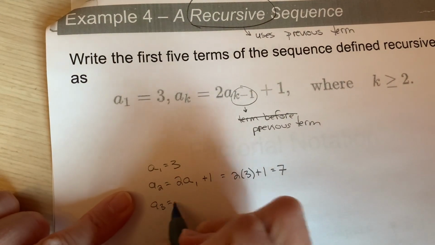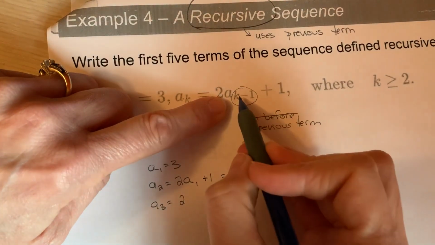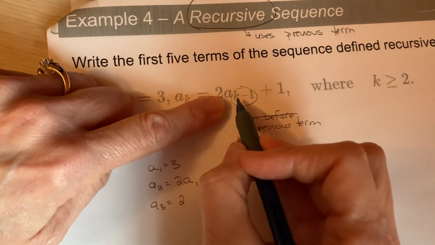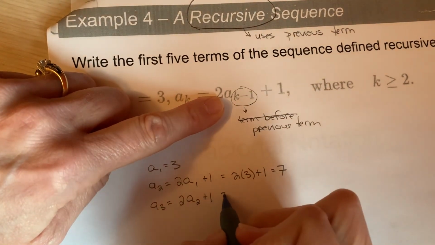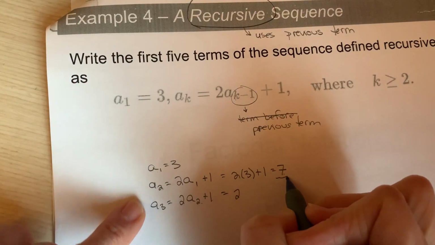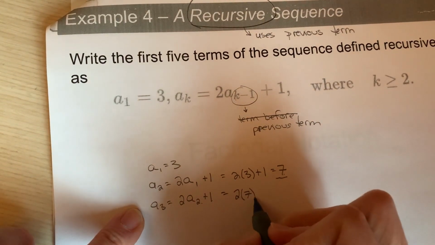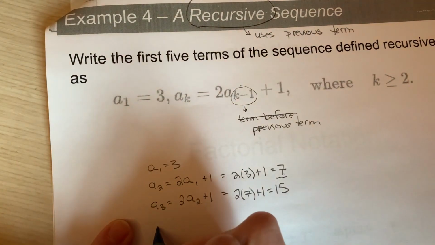A sub 3 is going to be 2 a sub k minus 1 plus 1. So I'm going to put a 3 in here. So that's going to be 2 times a sub 2 plus 1. A sub 2 is the previous term, which we said was 7. So this is going to be 2 times 7 plus 1, which would be 15.